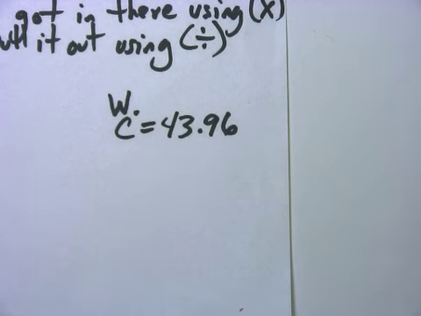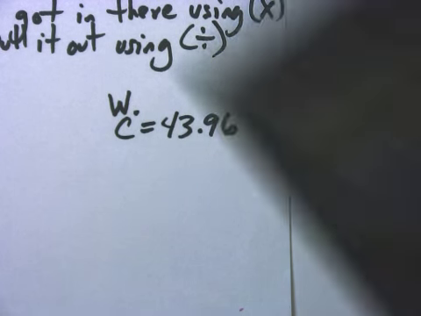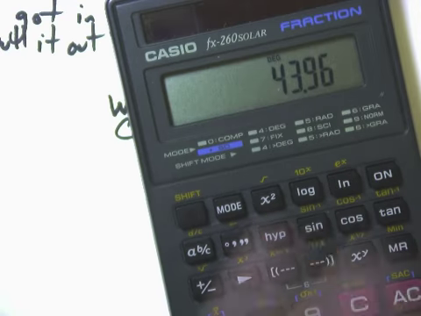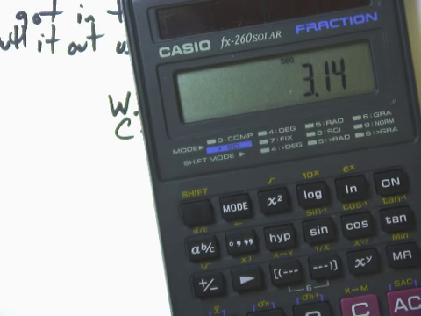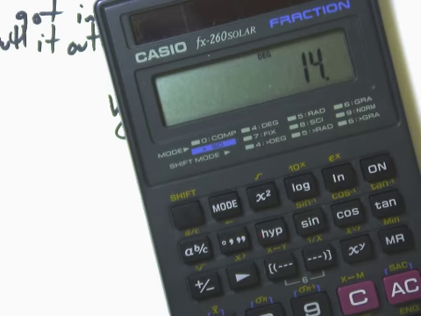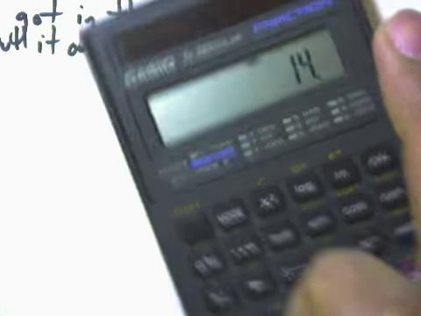Okay? Let's take another question. Let's say that your circumference is 43.96, and they want you to put that in terms of pi. What do you think the answer is going to be in terms of pi? Take a second to figure that out. Well, I'm going to start off with my 43.96. And then I'm going to divide out the pi. I'm going to divide it by 3.14.